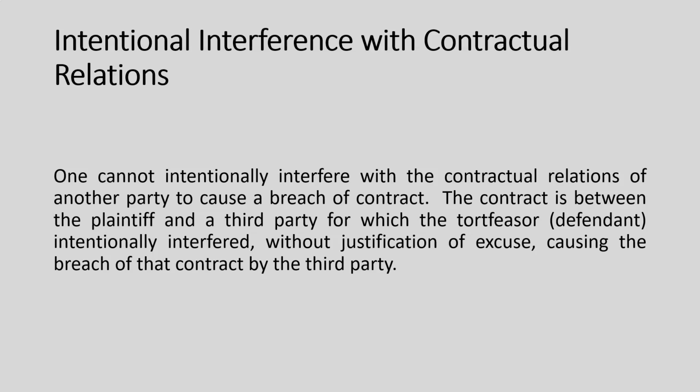So imagine where a situation exists where Ann and Bob have a contract between each other. They've agreed to terms. And a third party has intentionally interfered with Ann and Bob's contract, such that the interference caused the breach of that contract.